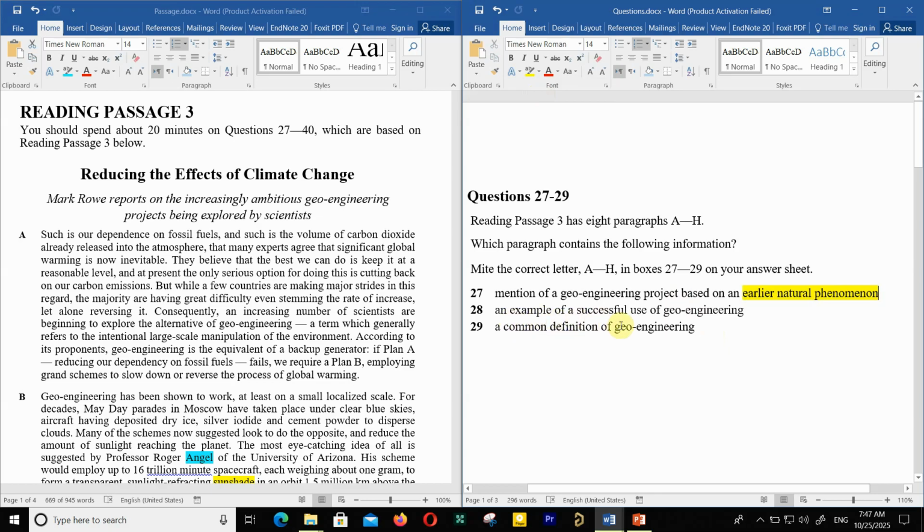An example of a successful use of geoengineering. Common definition of geoengineering. Definition. These are the easy ones. IELTS writers love to use definitions. For example, they define the new term.